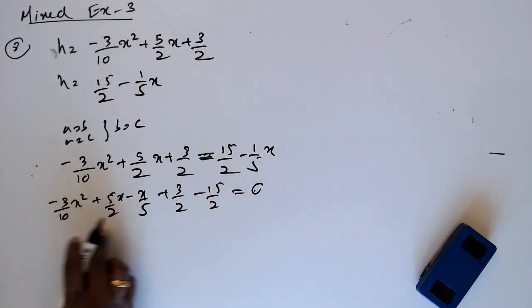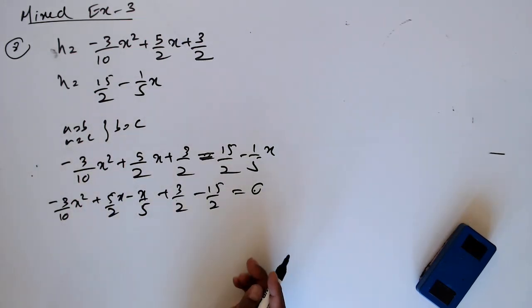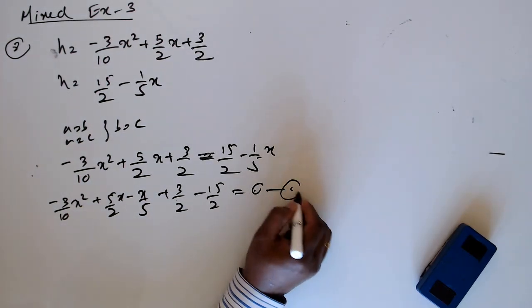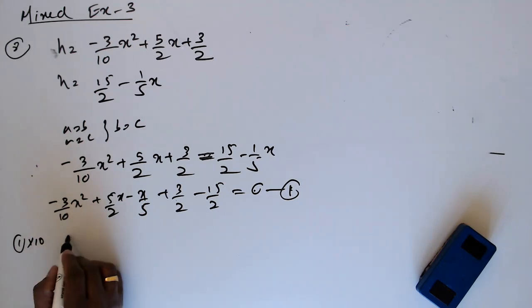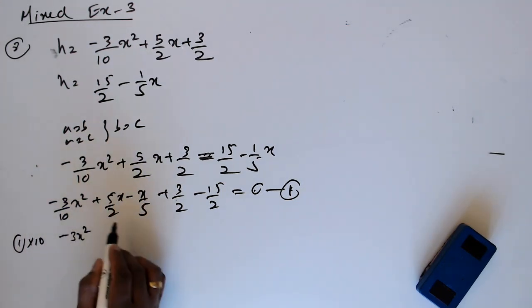I can see 10 and 10 and 5, so I'll multiply by 10. 10 multiplied by 1 over 10 cancels out, so this is minus 3x square.